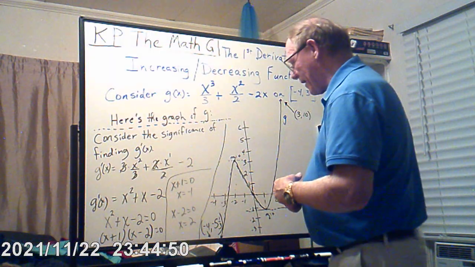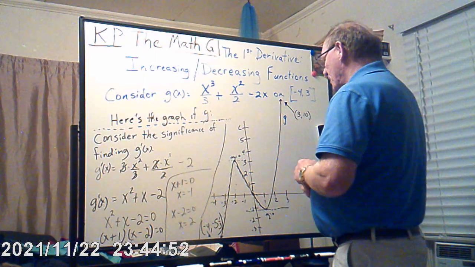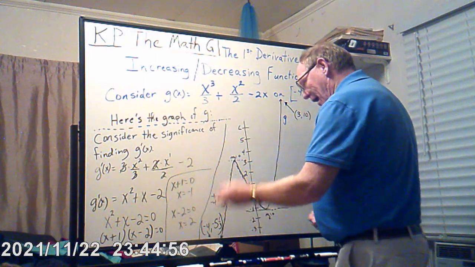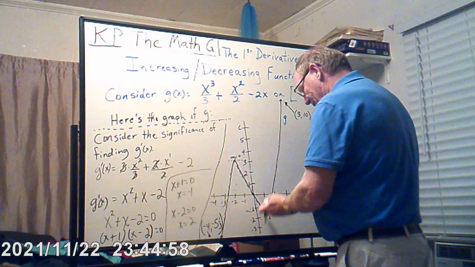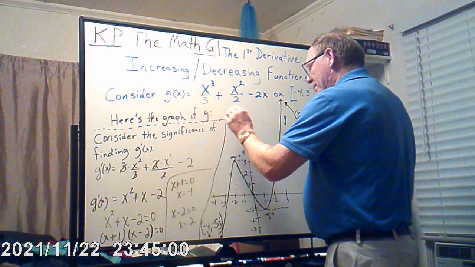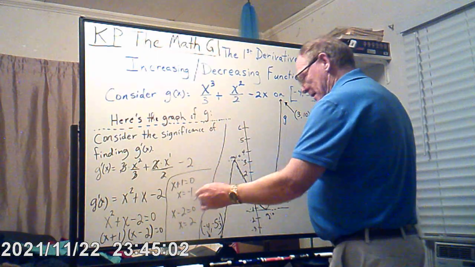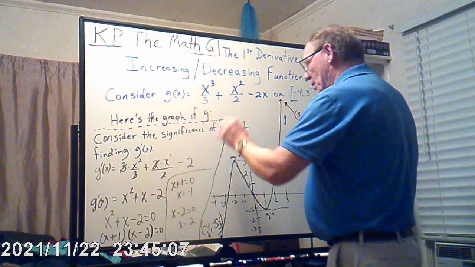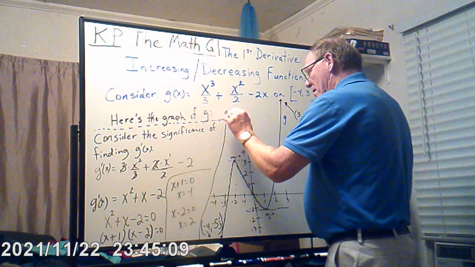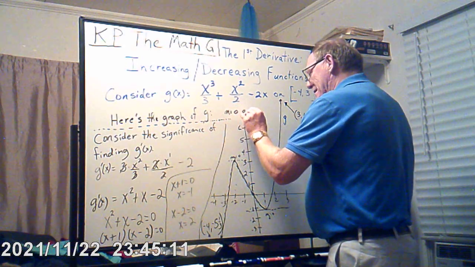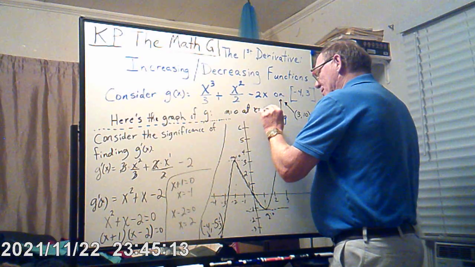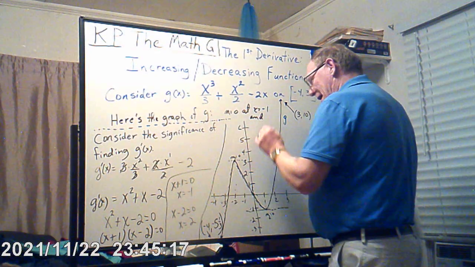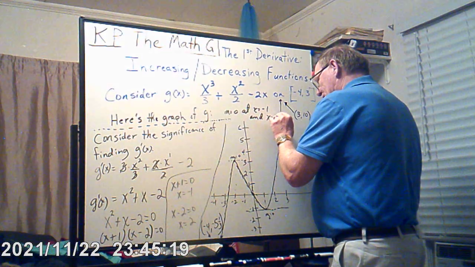So let's put down that the critical numbers so far are at x equals, we already see it from the graph here, that we have the slope at x equals -1, the slope is 0, so m equals 0 at x equals -1 and at x equals 2.